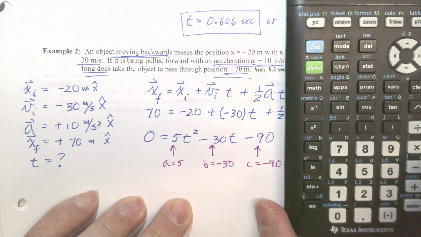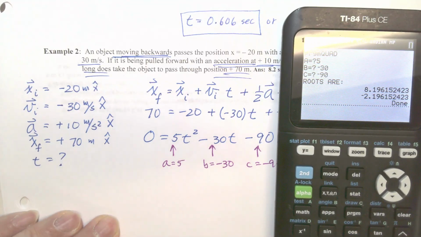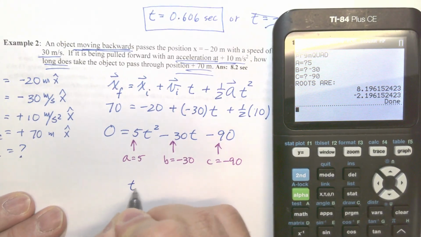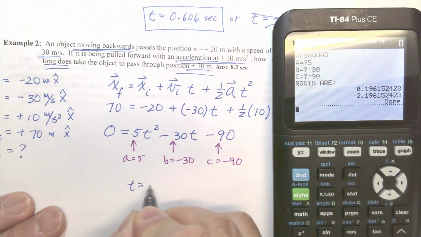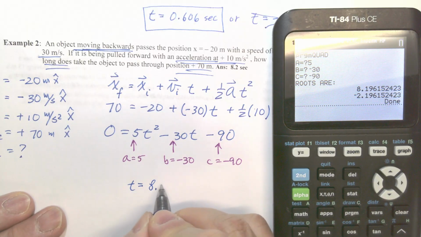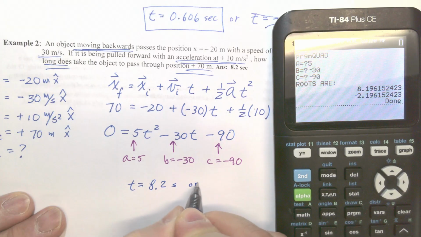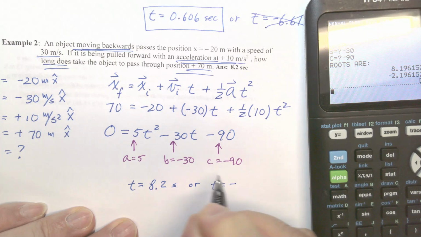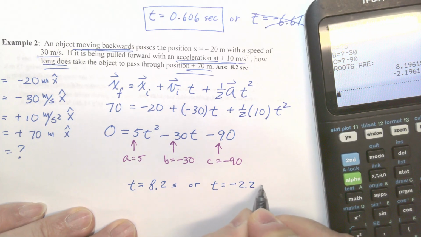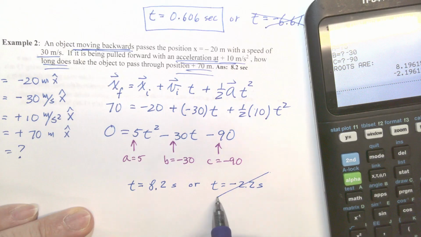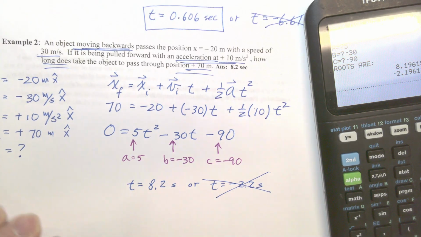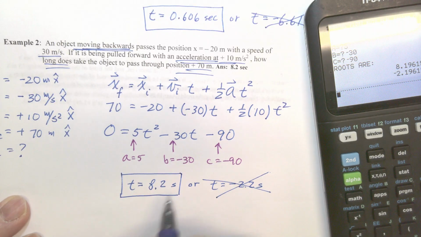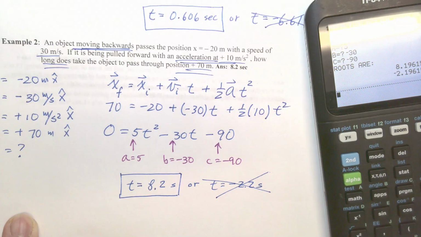You enter again, and boom! You get 2 answers. Now, your t is equal to either 8.2 seconds or negative 2.2 seconds. Obviously, negative time does not work out, so 8.2 seconds is the correct answer.